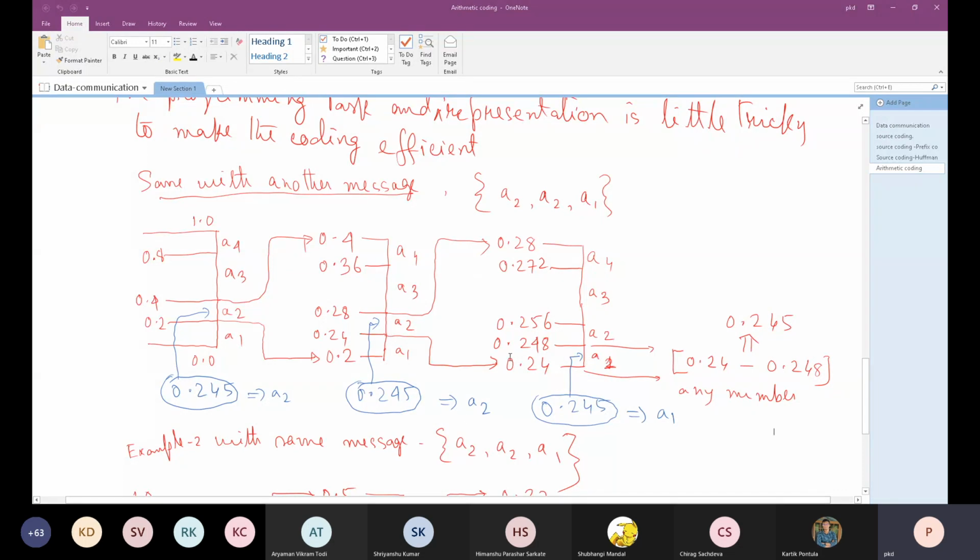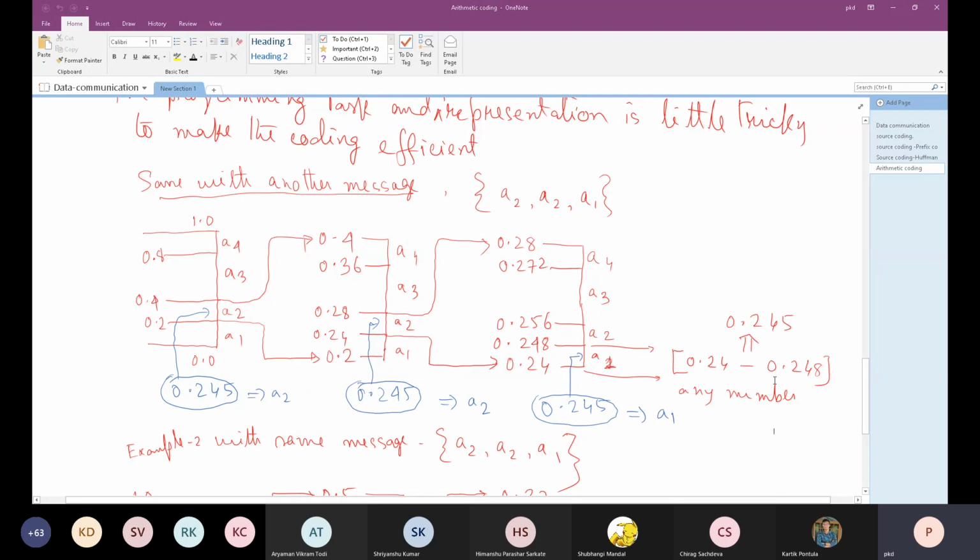Then this becomes 0.24 to 0.28, and subsequently these are the numbers 0.27 to 0.256. Now, because the last symbol is A1, the interval from where the value will be picked is this A1 interval. So that means 0.24 to 0.248.